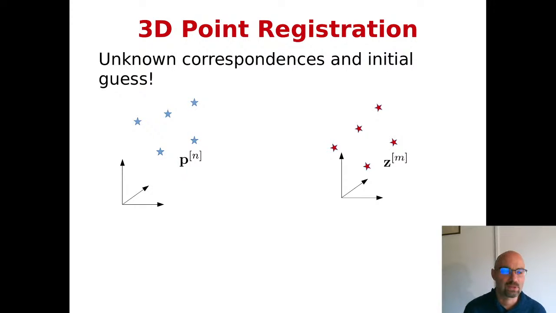For simplicity, let's just think, we want to register a set of 3D points. Unfortunately, in this circumstance, we assume that we have neither a reasonable initial guess nor a set of decent correspondences, or let's say we have no correspondences at all. And then the question is, how could we carry out this registration?